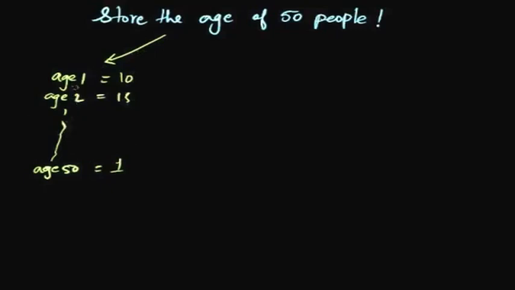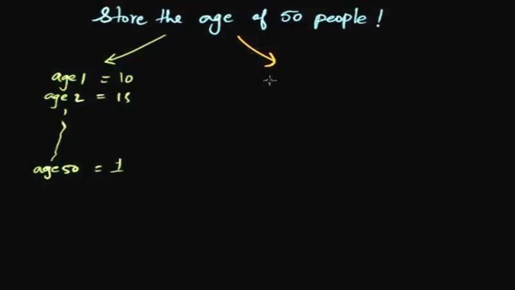This is one way of doing this. But what if someone says store the age of 5,000 people, store the age of the whole population of your country? So that would be very difficult for us, right? We will have to declare a lot of variables, and that would be a very tiring task. So to make things easier, C has arrays.